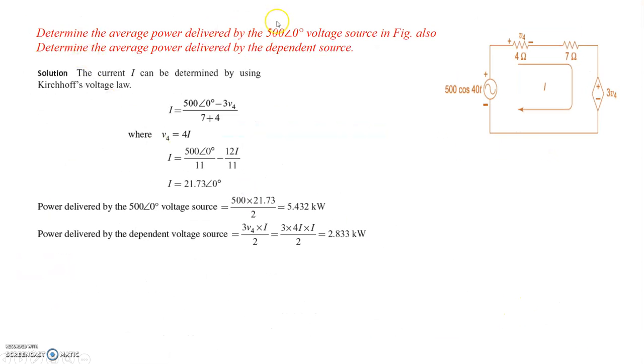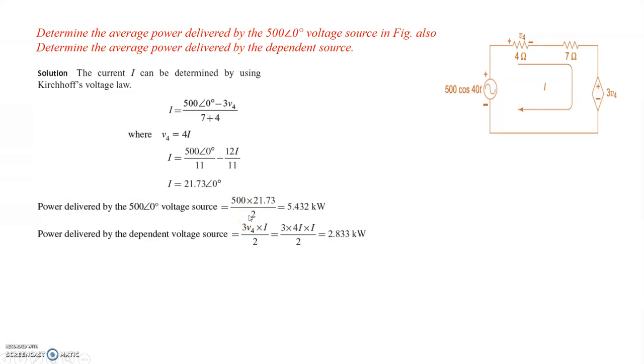Next, with dependent sources, you are asked to solve this problem. Determine the average power delivered by the 500 at an angle 0 source, and also determine the average power delivered by the dependent source. To find the powers, either Vrms and Irms are written, or Vm Im by 2 is used, because these are sinusoidal sources.